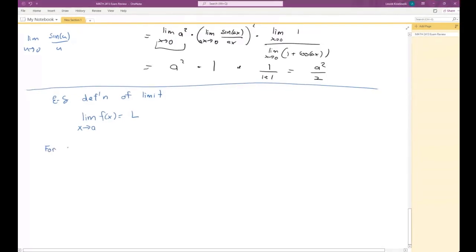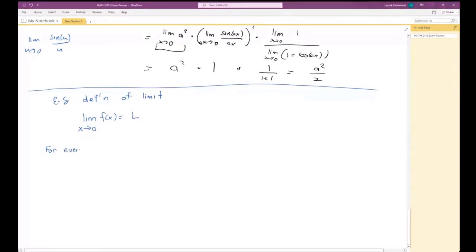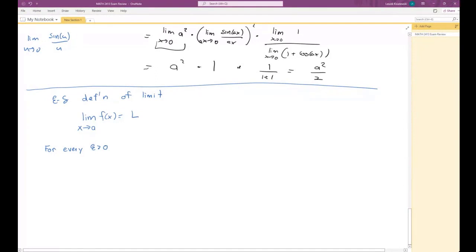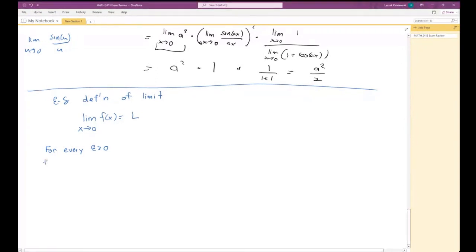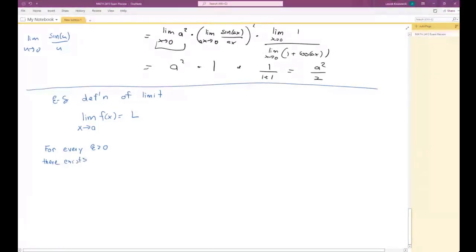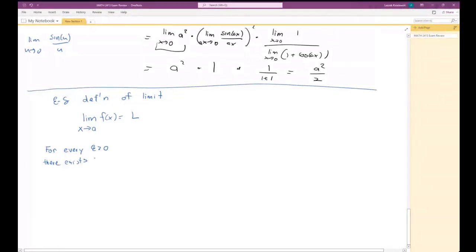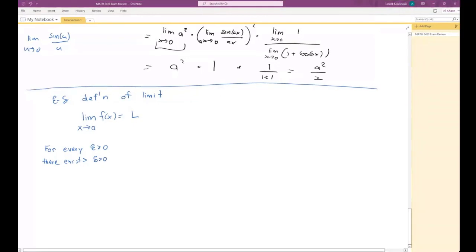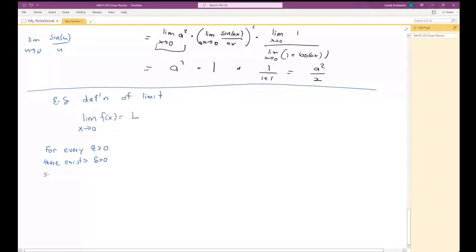So, yeah, for every epsilon, which is positive because it's a distance, there exists, sorry for my handwriting, there exists a delta, which is a distance, so it's positive, such that the following condition holds, right?